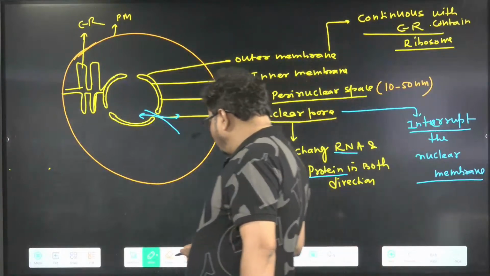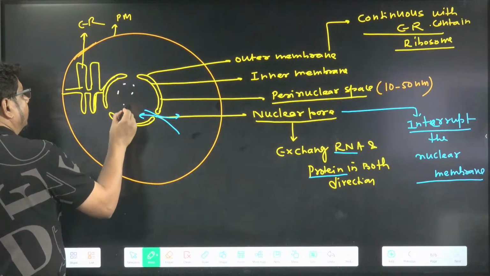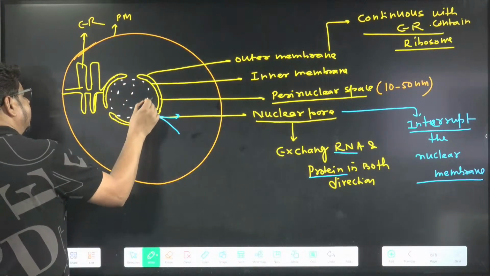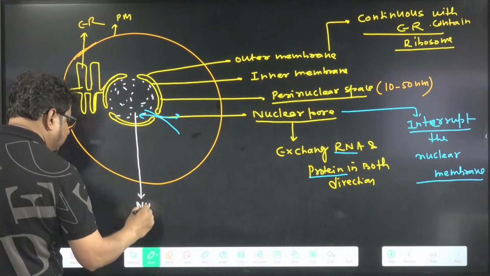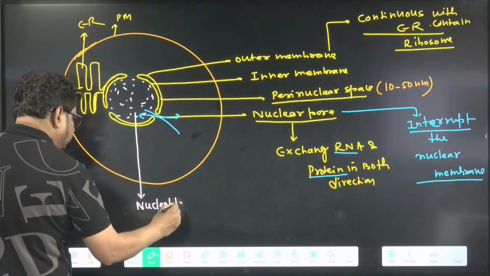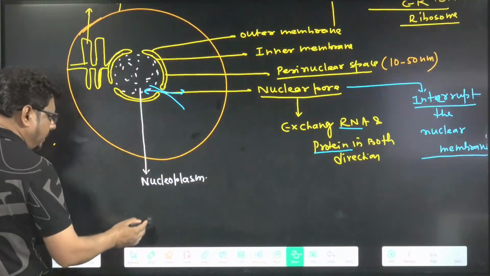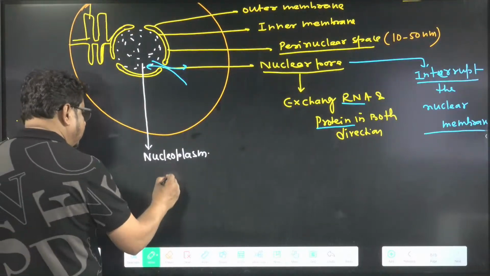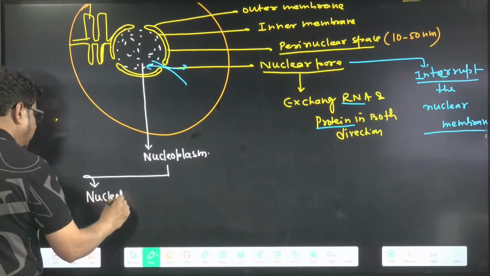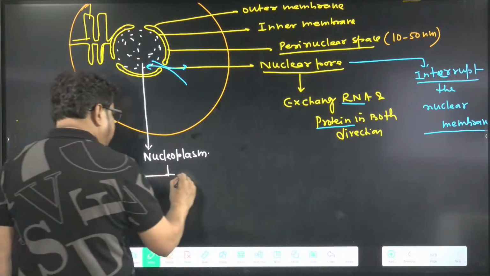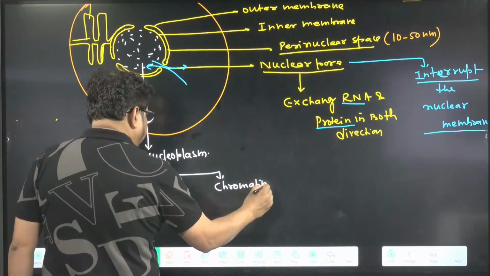Now, if you look inside of the nucleus, you will find a fluid-filled matrix present in the nucleus, and this fluid-filled matrix is called nucleoplasm. Inside the nucleoplasm, two things are there. One, I am writing nucleolus, and another thing I am telling chromatin network.